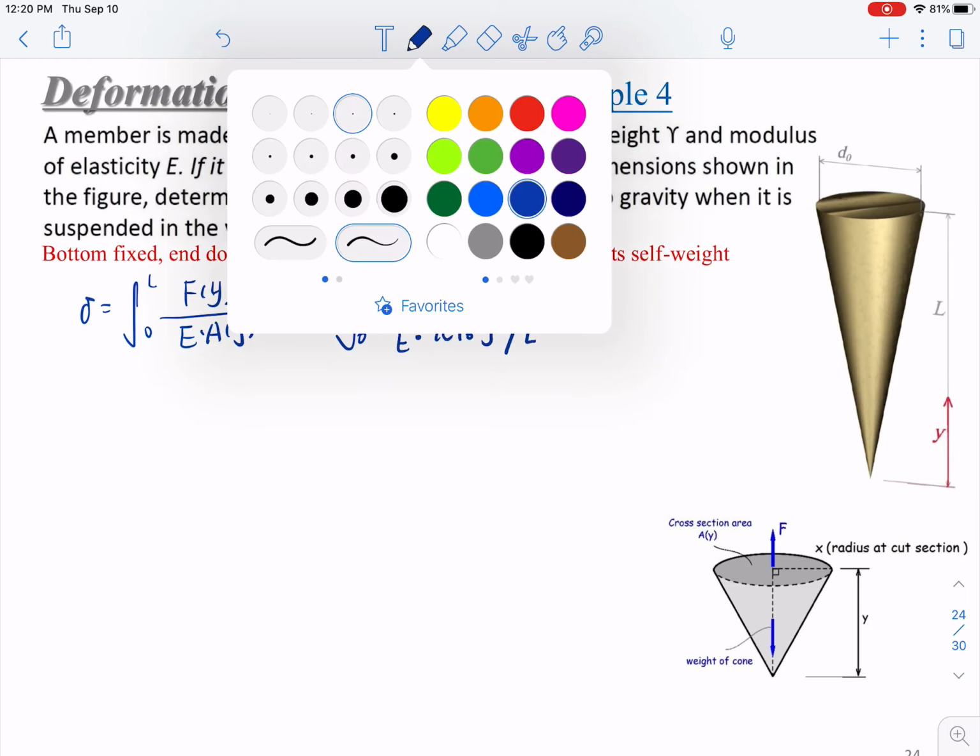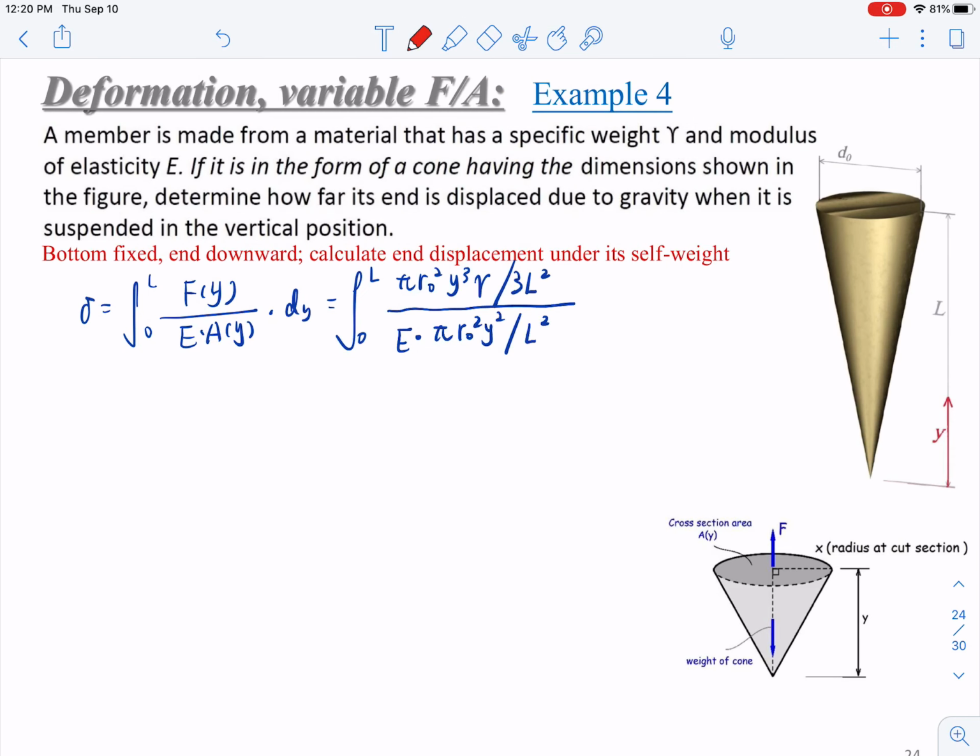You can see that a lot of things will be gone: the L squared, pi R0 squared, and y squared are gone, leaving one y.